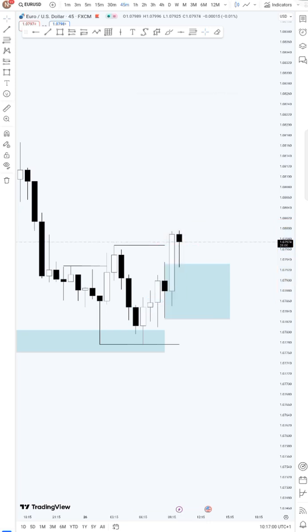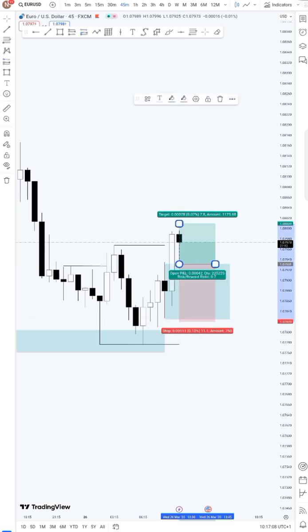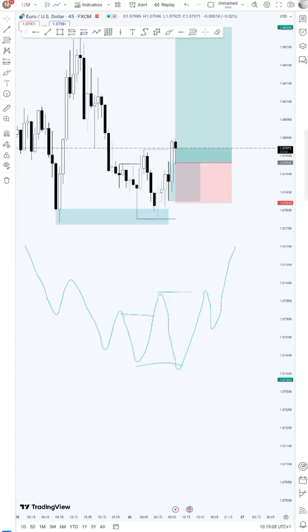So you can see as price tapped into the other block and is moving. So these are type 3 structure. You can see this is it.